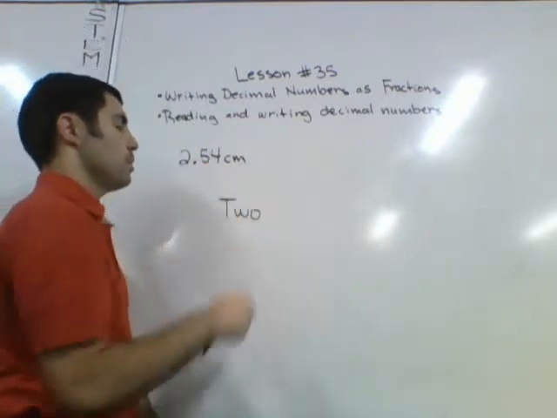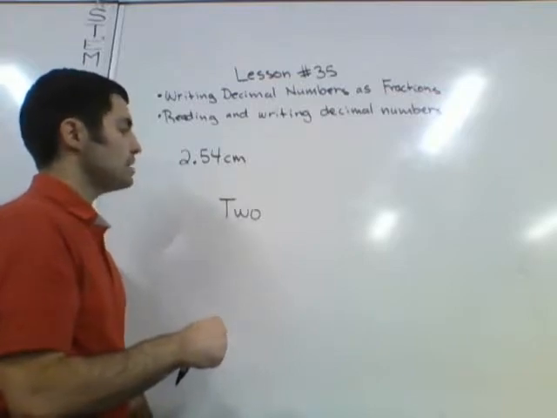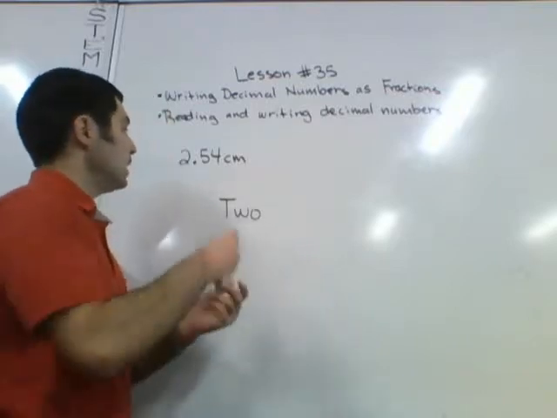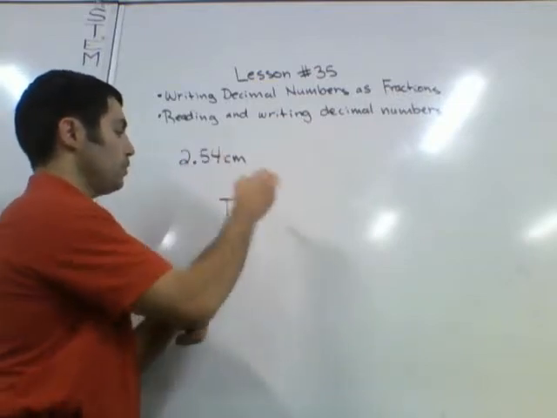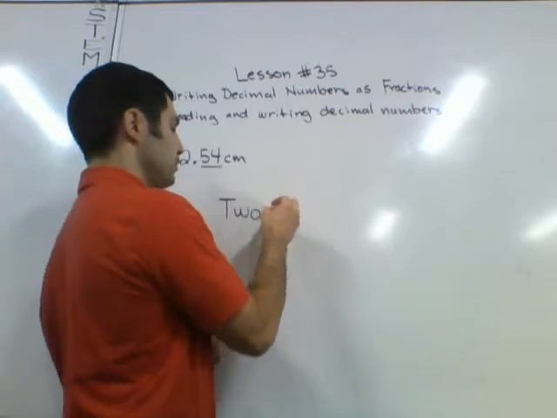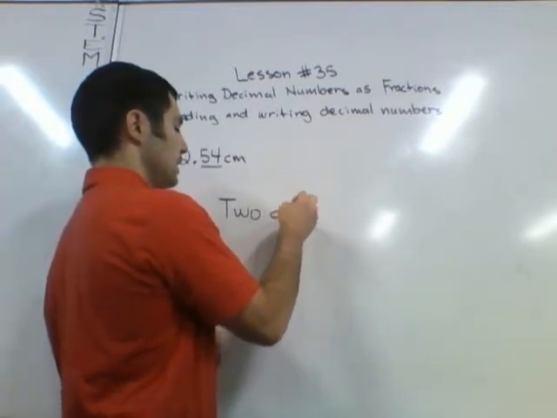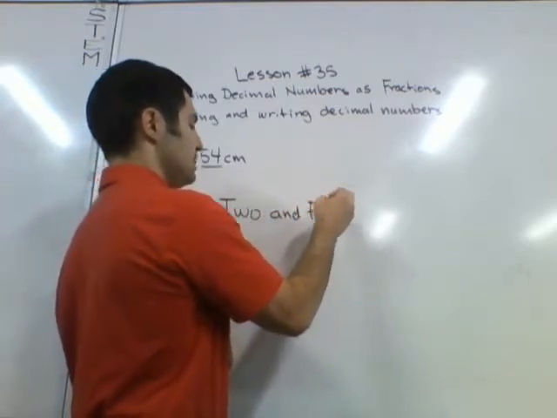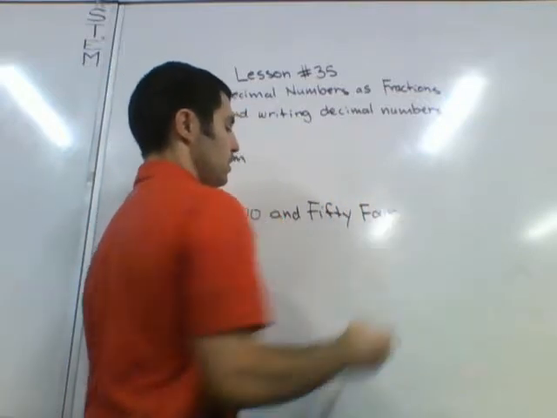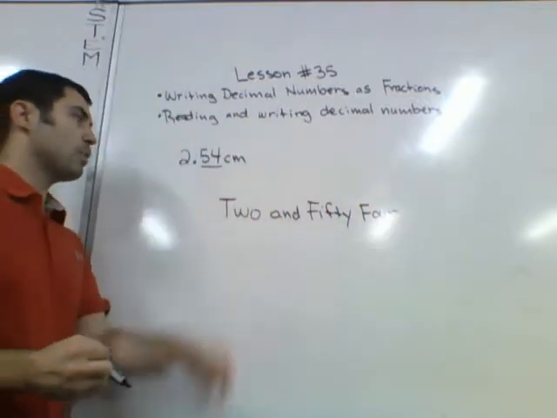But 0.54, what does that sound like if you say it mathematically? Well, first off, there's 54 right there. So you can just write 2 and write 54. Straightforward. That's pretty easy.